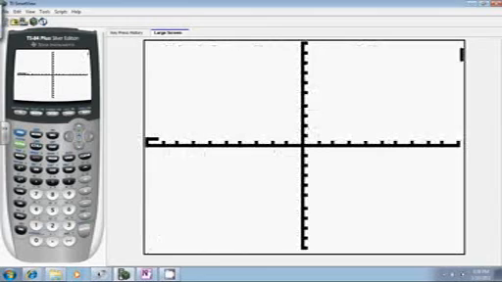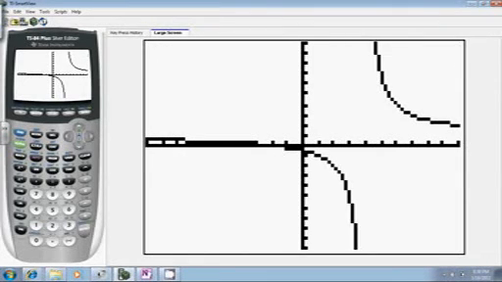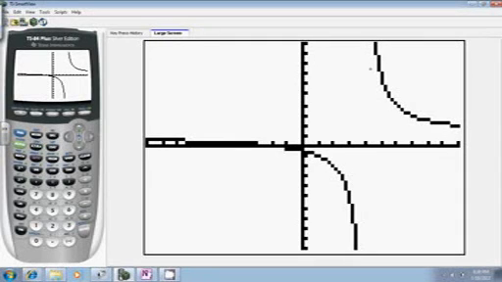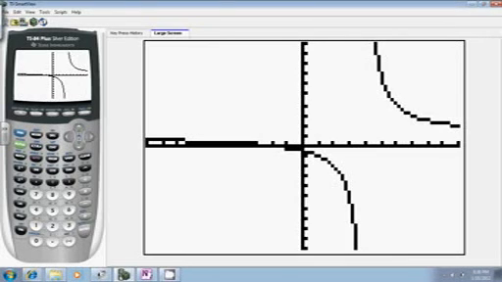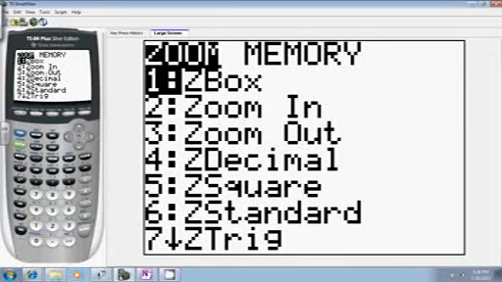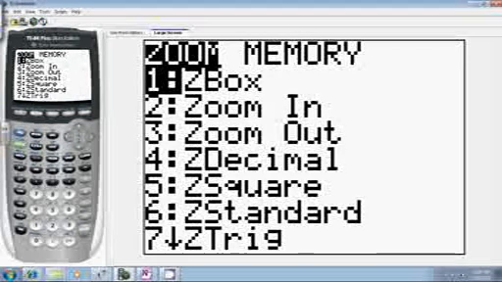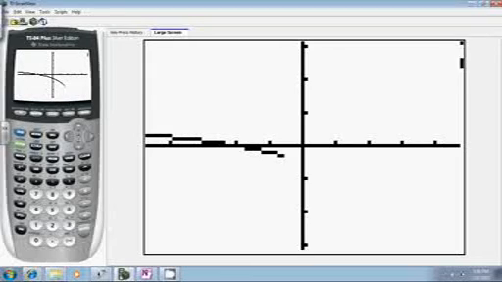So if I graph it, in this window, it appears to be the exact same graph as the one before. As you can see here, I still have that vertical asymptote at 4. Now if I go back to zoom decimal, zoom 4, I notice here at negative 4, I no longer have that hole.